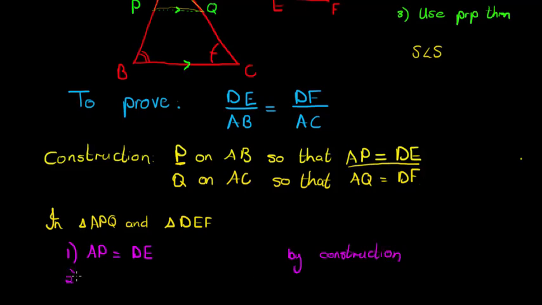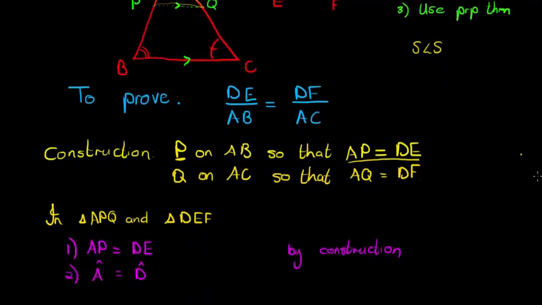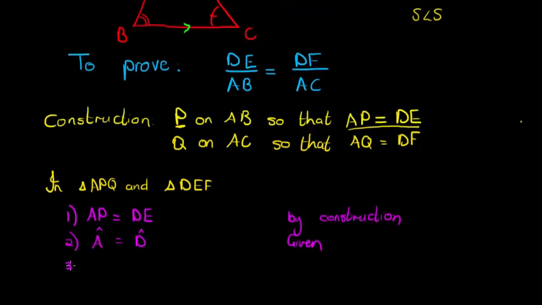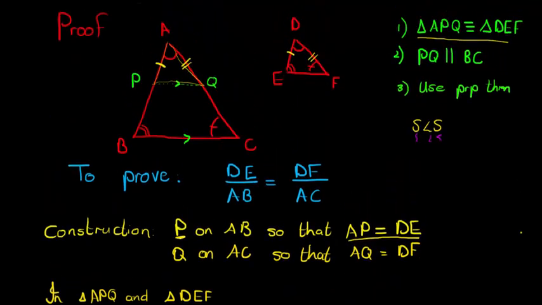By construction. 2. Angle A is equal to angle D. Why? That was given because we know they are equiangular. And 3, there's the second side. We've done side, angle, and now the second side. We have that AQ is equal to DF. Why is AQ equal to DF?